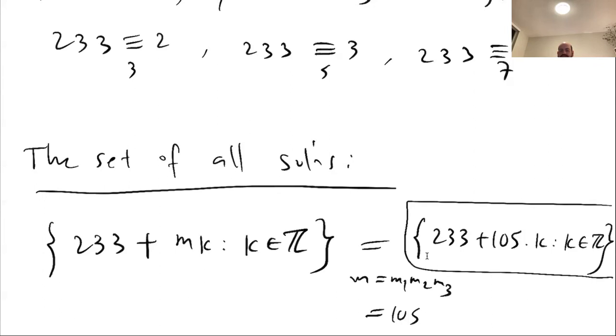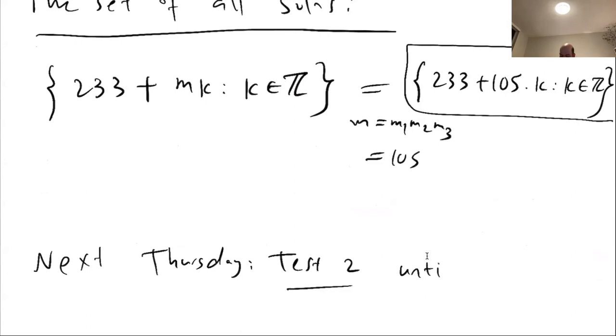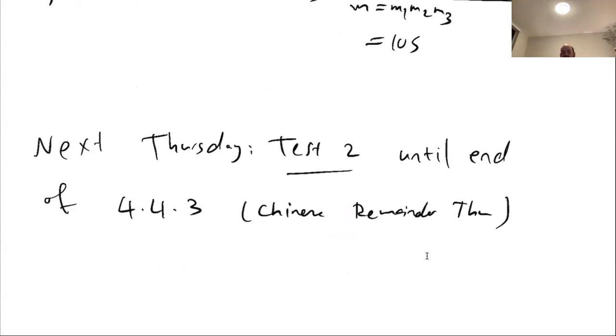You will have an exam next week, next Thursday, Test 2, covering until the end of this section, the Chinese remainder theorem, subsection 4.4.3. Basically, whatever we have covered until the end of today's lecture will be in the exam, from the parts that were not covered in test 1.